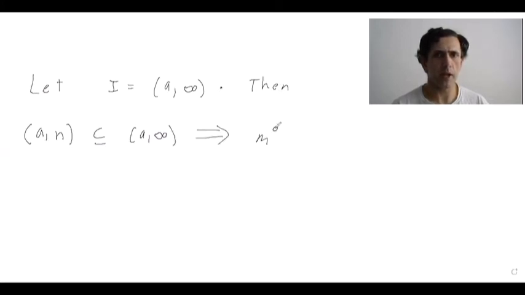So we proved actually before, that means that the outer measure of (a, n), which is just n, sorry, that's n minus a, is less than or equal to the outer measure of my infinite interval.